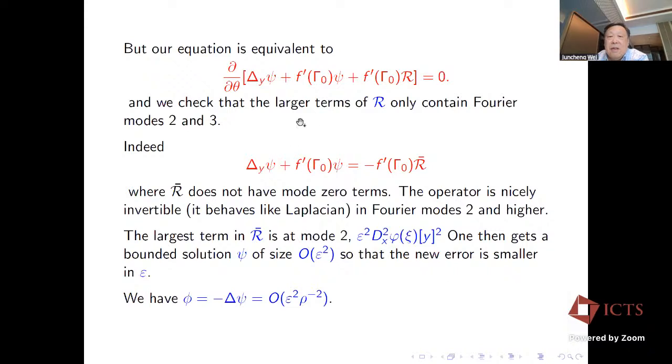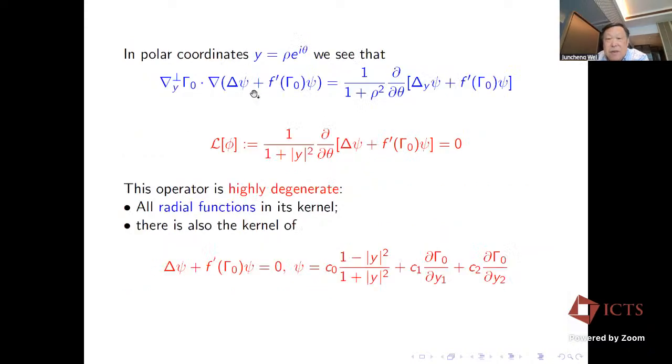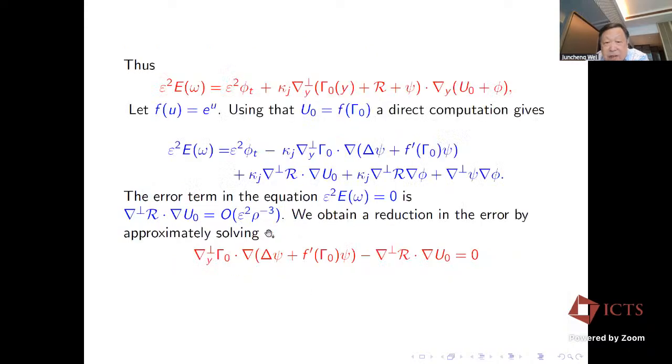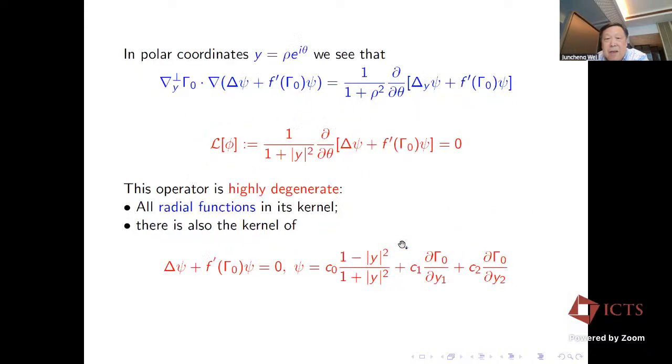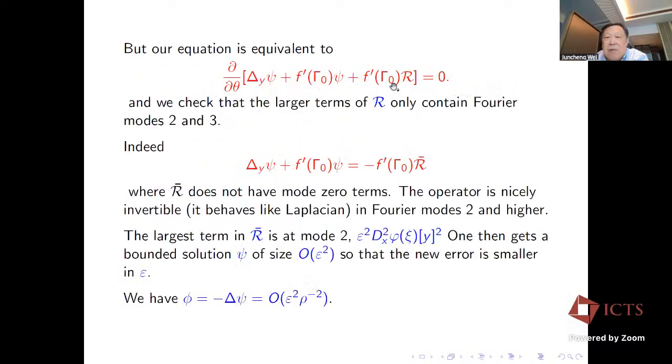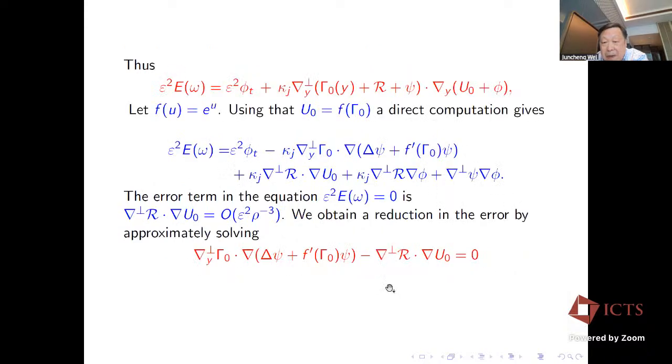So if we want to solve this problem, we use this L to solve the error here. And we need this error to be able to be written as d over d theta. So this error here cannot have any radial component. If you have a radial component, you cannot use this part to solve.